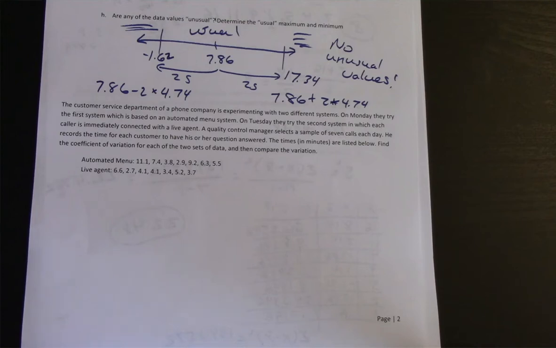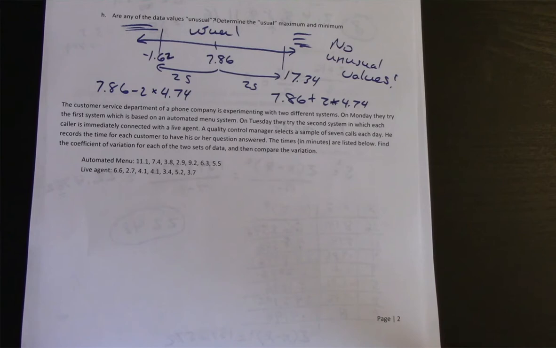Always much better when you get a live agent, right? The quality control manager selects a sample of 7 calls each day. He records the time for each customer to have his question answered. So maybe even though we all hated the automated agent, maybe it's actually faster. In which case, that's a good thing, I guess.